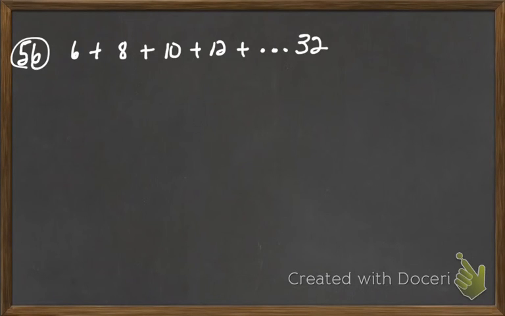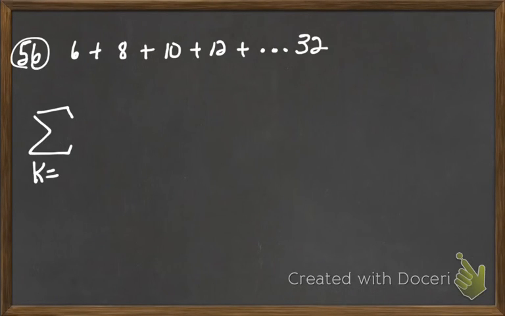And then they don't get any harder than this section. I think this section is the hardest. And I think we could come up with different answers here, but we would have to just make sure that if we went back and worked the problem that we got 6, 8, 10, 12, and so on, and then 32. So they're asking us to use an index of K, so we'll do K equals.